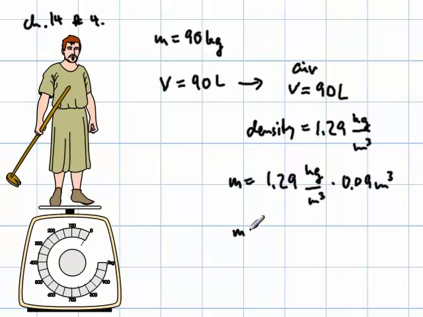So the air that I'm displacing comes out to 1.29 times 0.09, which is around 0.1 kilograms. And multiplying that by 9.8 meters per second squared gives me 1 newton, which is the weight of the air that I have displaced.